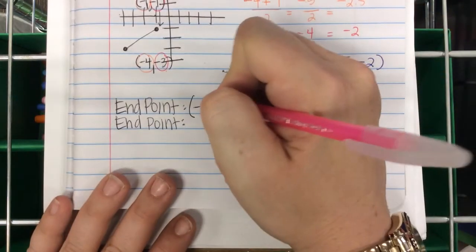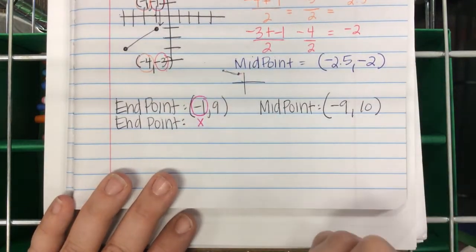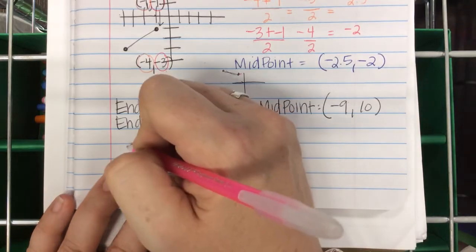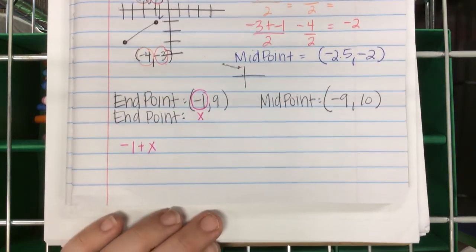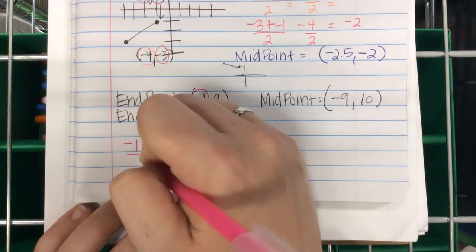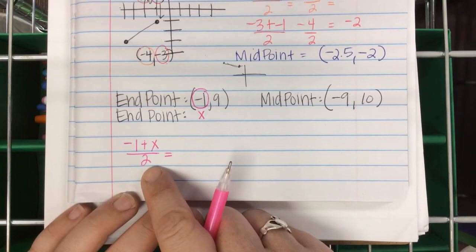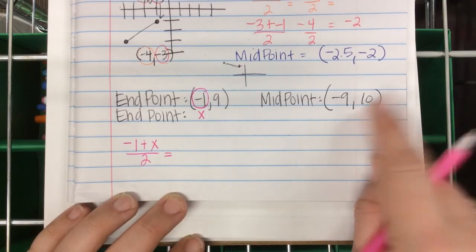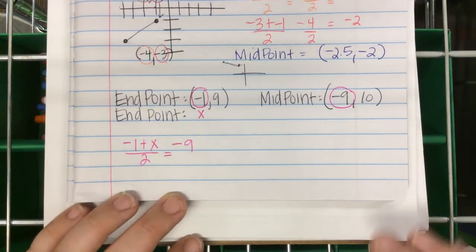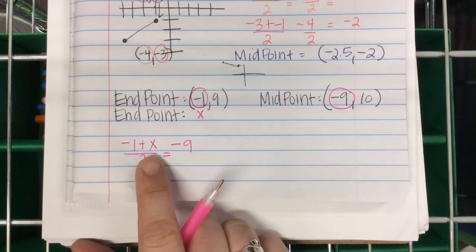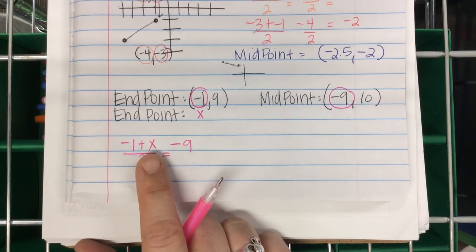I should have added negative 1 and my mystery number. So negative 1 plus my mystery number, divided by 2, and I would have gotten what as my answer? Negative 9. So can you figure out what x value goes into this problem?